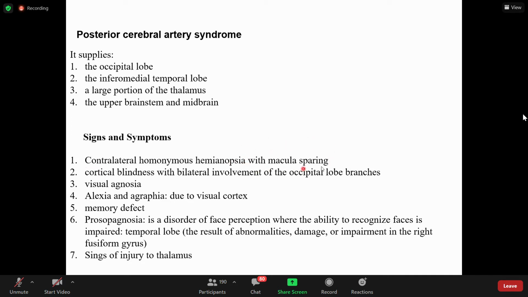Why sparing the macula? Because it has dual blood supply. It also receives blood from the middle cerebral artery, okay?